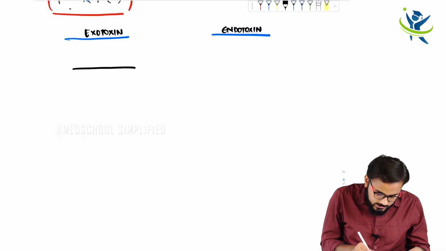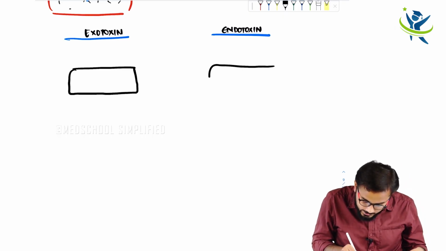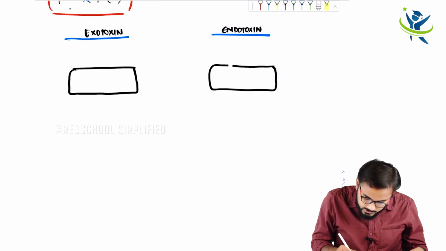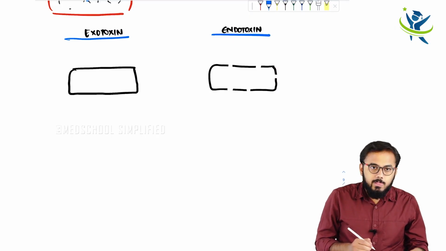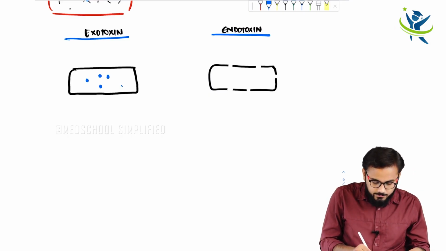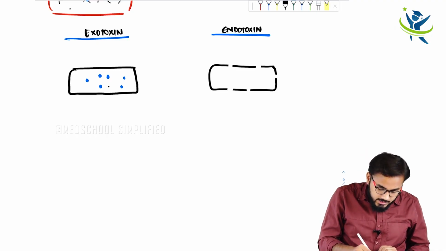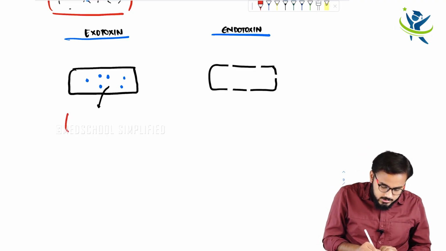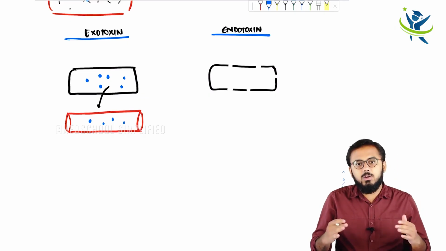For example, let us say this is your bacteria over here, and this is another bacteria. Now this bacteria, where I've written exotoxin, has some toxins inside itself. So what is it going to do? Obviously it will release the toxins, and these toxins will eventually enter into your bloodstream. So these are called exotoxins.